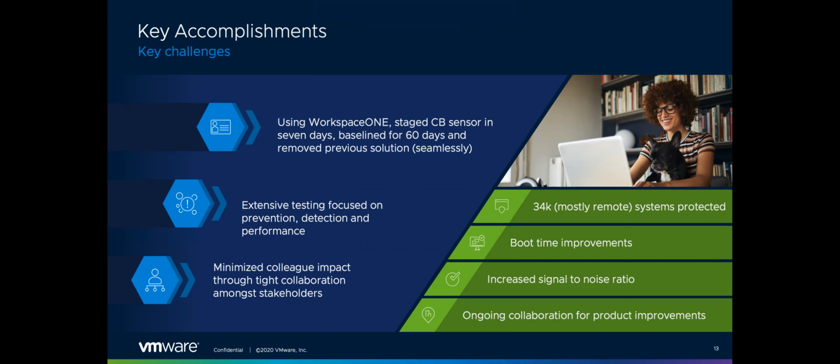And then we have the luxury, we have ongoing engagements with the Carbon Black product team, letting them know that this is how we operationalize it. This is what else we'd like to see in the product. Here's some opportunities out there. So we have very tight collaboration with the Carbon Black product team in regards to looking at some opportunities out there.